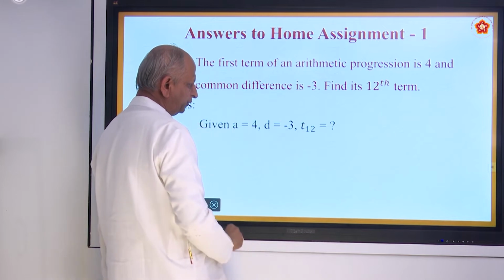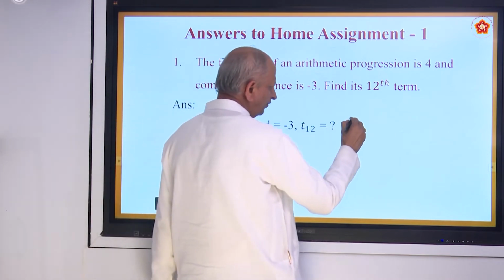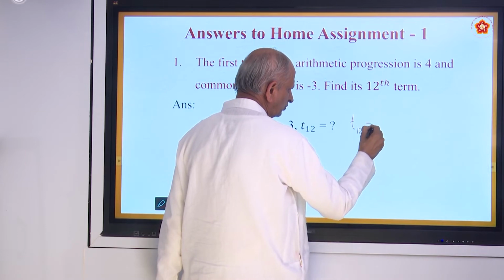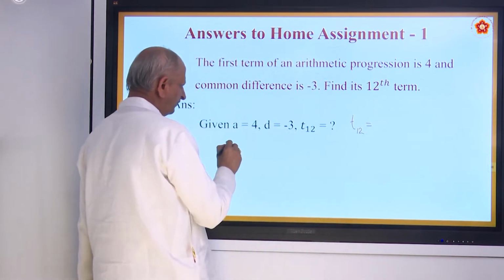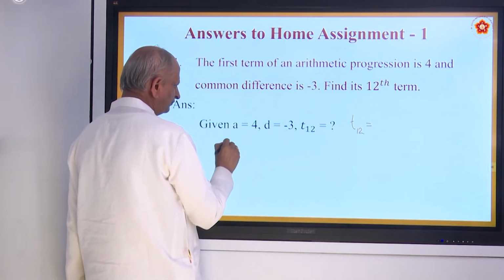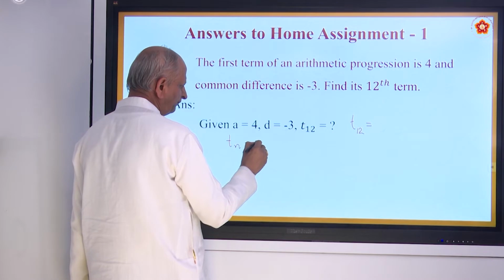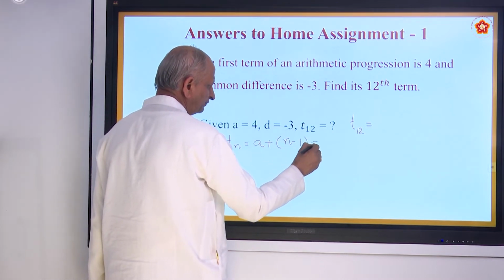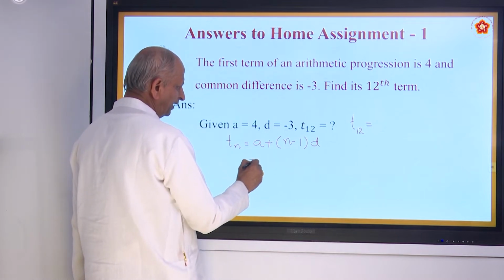You are asking T12. So formula is T12 is equal to, first you must write formula now. So you write formula Tn is equal to a plus n minus 1 into d, and a is how much?